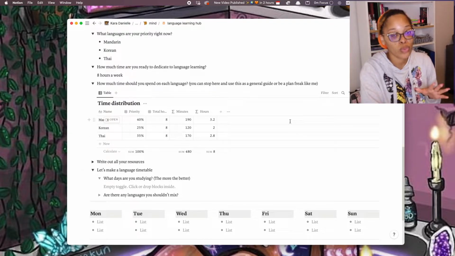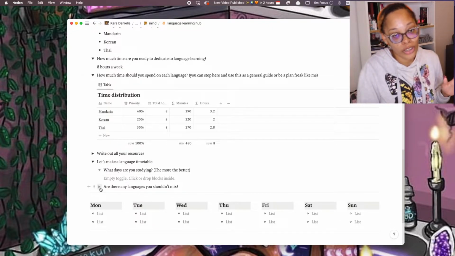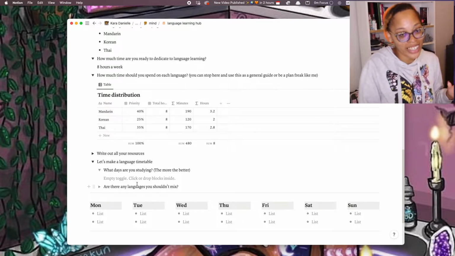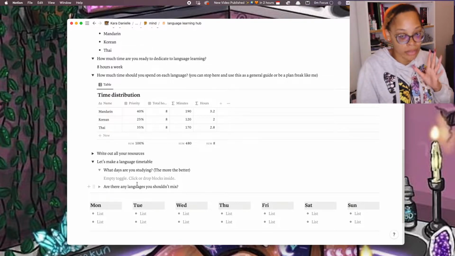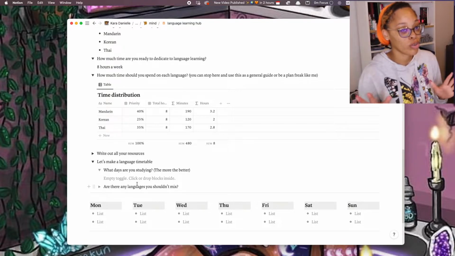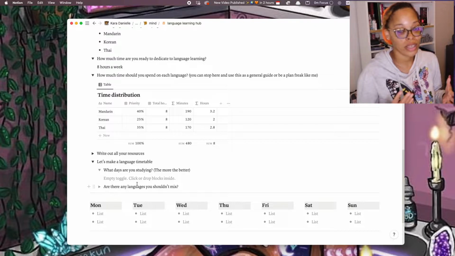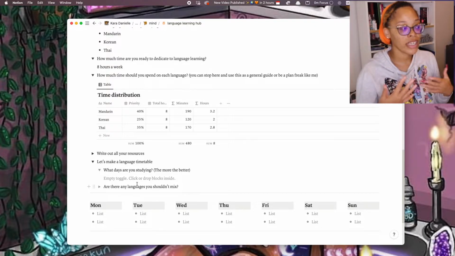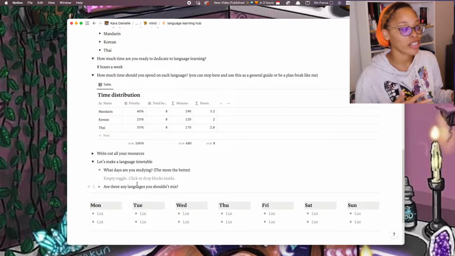Honestly, with Korean I do want to write, since I actually know the alphabet somewhat and I've taken time to learn the alphabet. With Korean, I really want to be able to read, write, and speak and listen. So I really want to go full circle with Korean for sure. Thai, I'm not even gonna talk about Thai characters and the tonal aspect of that. And then Mandarin, obviously you have the Chinese characters. So I'm not sure.